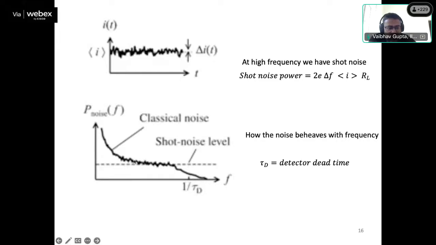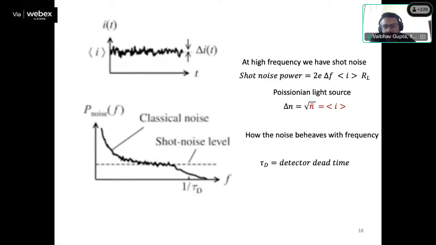As you increase frequency, you get rid of the other classical noises, but the shot noise is still there because it comes from the photon statistics, how the photons hit the photodetector. Here tau d is the detector time. At a certain frequency the detector will stop responding, but you will still see that the shot noise remains there.